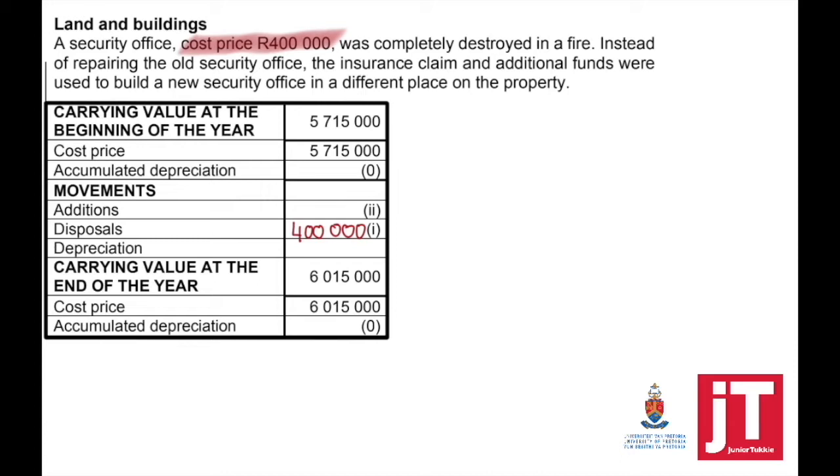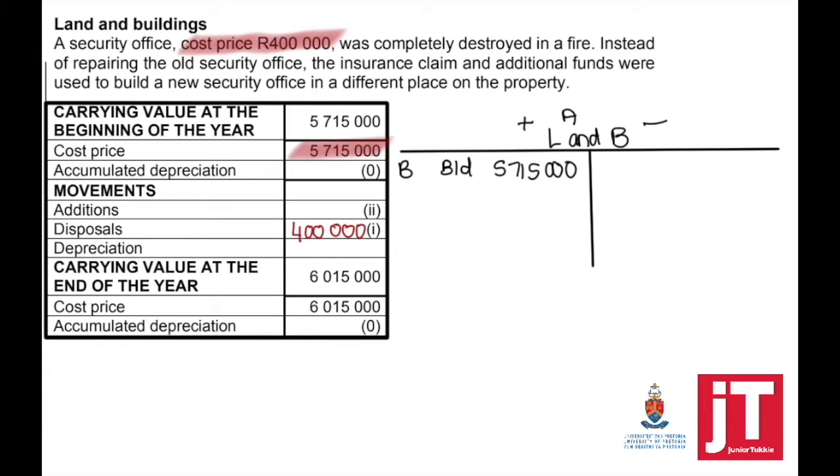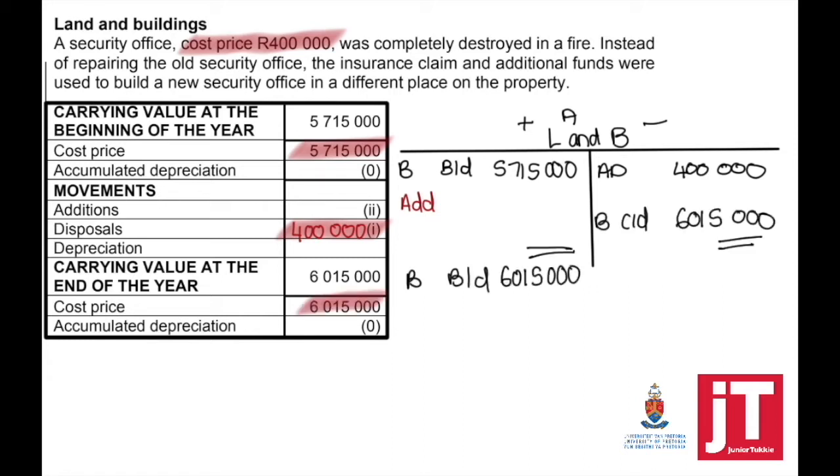Now that I've calculated the disposal, we can find the additions. So to find the additions, again, if you're not sure, you can always open up a T account. The balance brought down in the beginning, plus additions, which is the missing figure, minus the cost on the asset which we disposed of, equals the balance at the end.